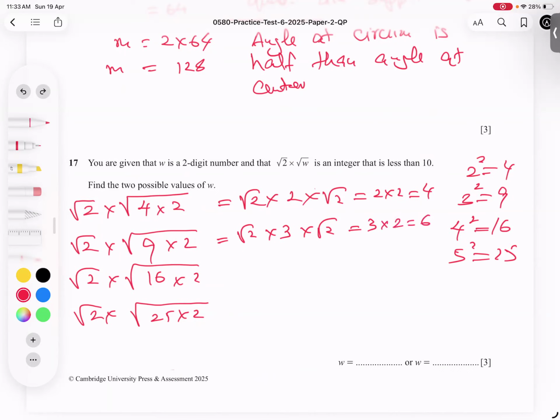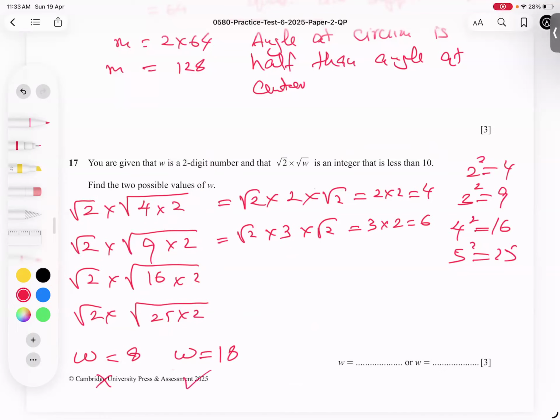Check it: if you consider this number, is 4 twos 8? Okay, I write all W values. W is 8. Let's see the other W. Here I got 6, which is less than 10, but check it: inside the root, 9 times 2 is 18. W is 18. Is it a two-digit number? Yes, true, but 8 is not a two-digit number. Wrong. So 8 is not a two-digit number.